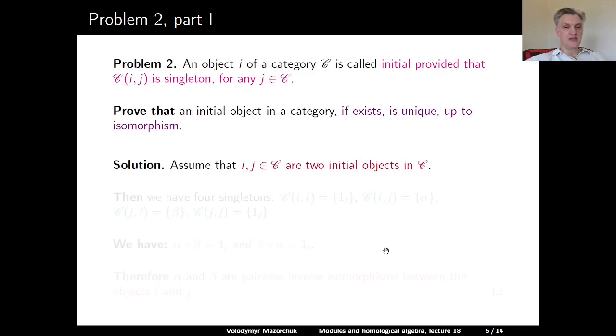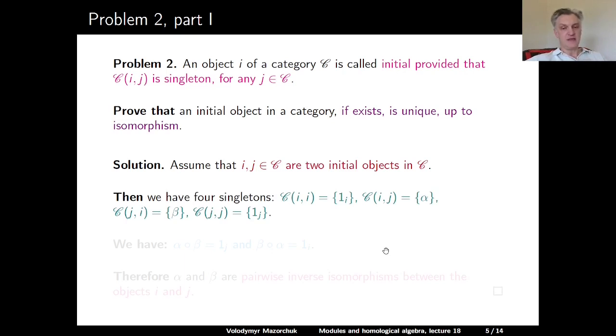Solution. Assume that I and j are two initial objects in the category C, and we have the following four singletons. The set C(I, I) is a singleton because I is initial, and it of course consists of the identity on I. The set C(I, j) is a singleton because I is initial, and we assume that the set consists of some morphism which we call alpha.